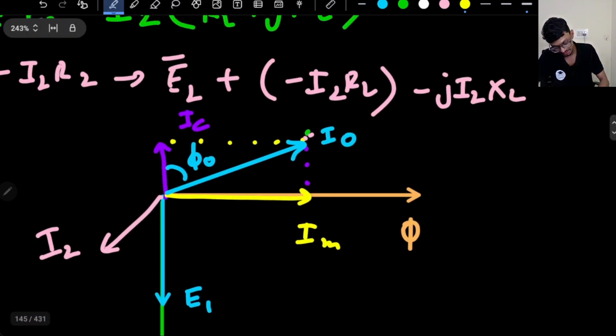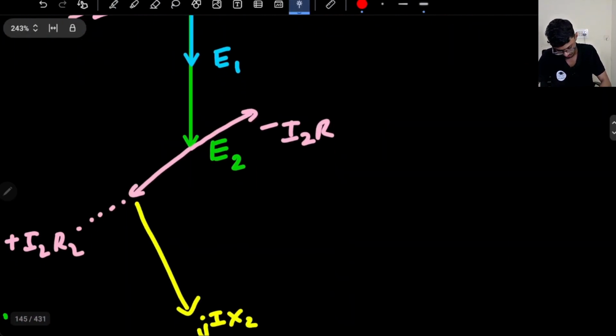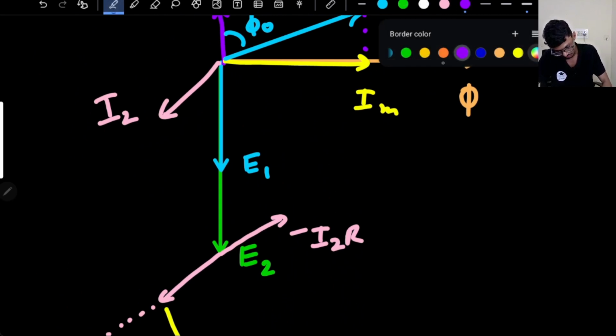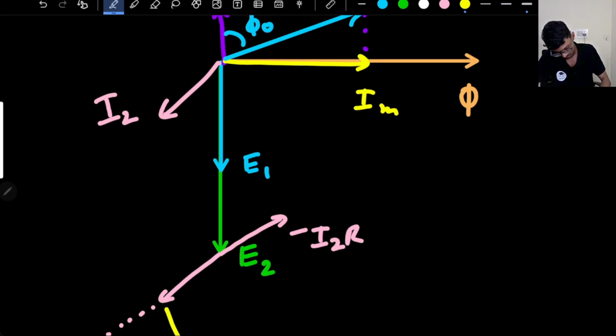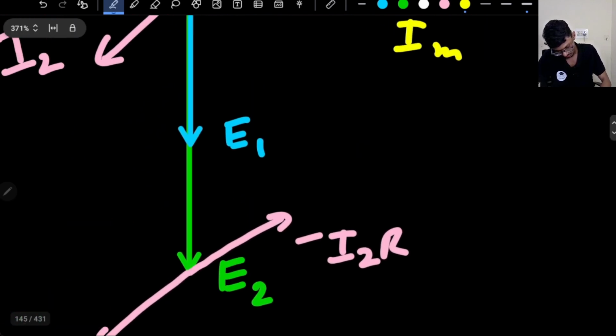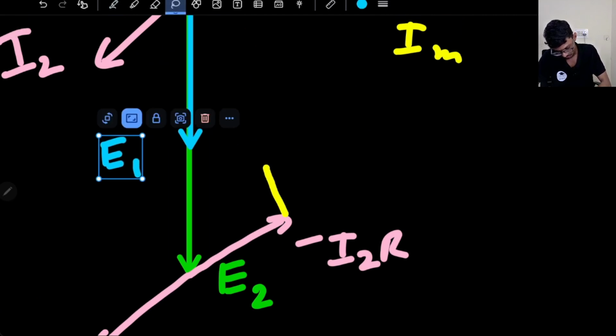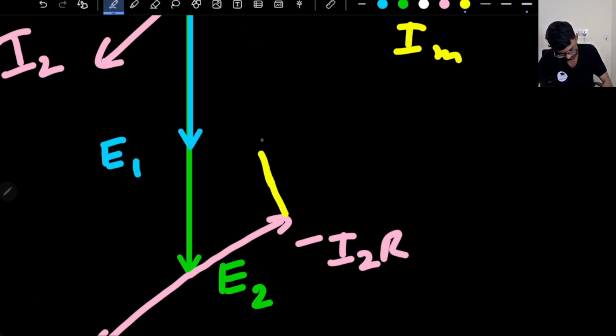Here it is minus j, so it will be phase opposition. So the value will be minus j I2 into X2.